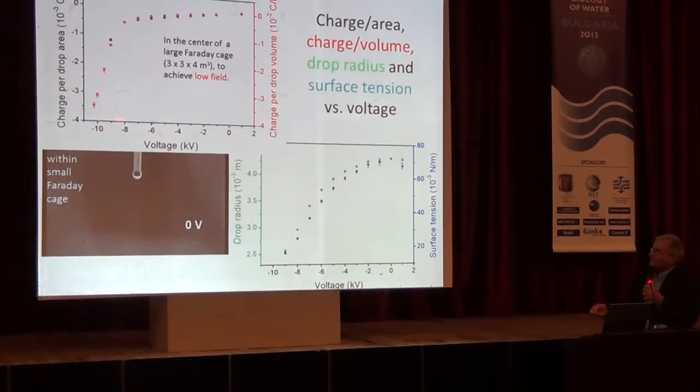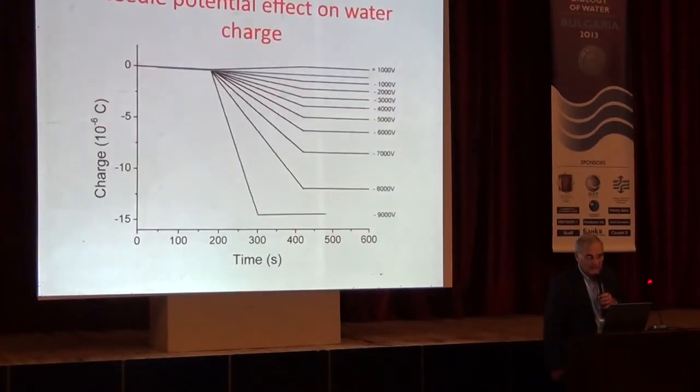You see that it changes significantly. And we can also measure surface tension of the water, which decreases very much. So, charging water decreases its surface tension to a very low value, and actually, when it streams spontaneously, we can say that it gets to 0 or negative value.